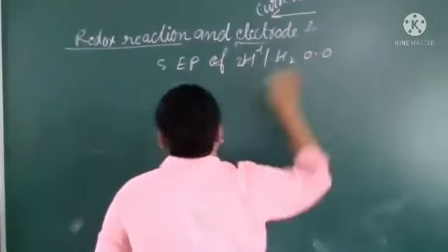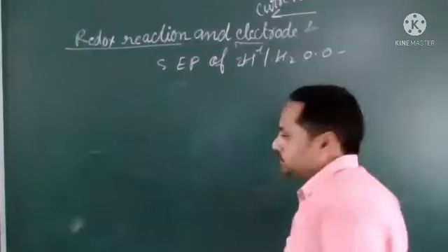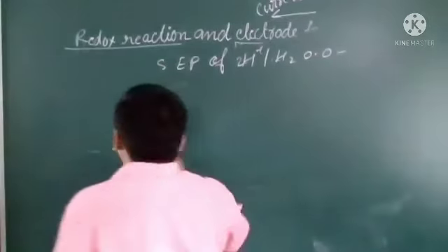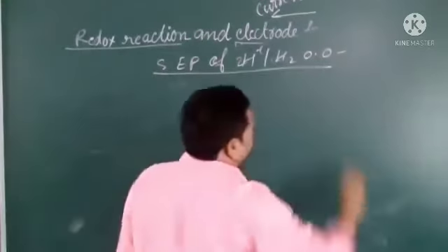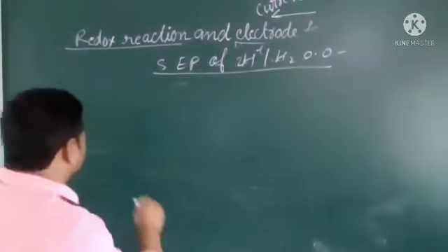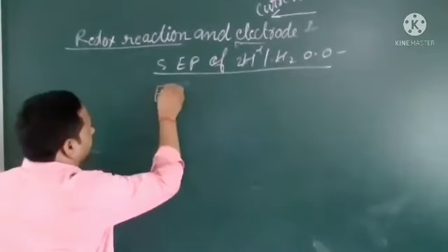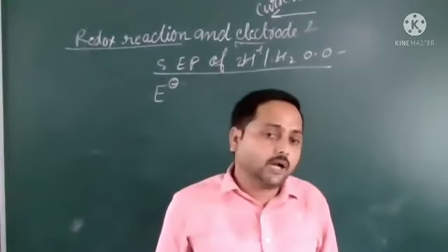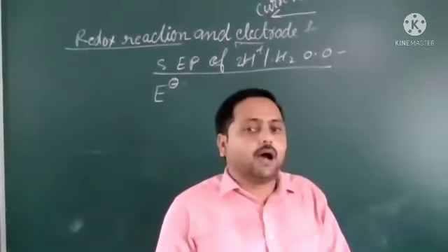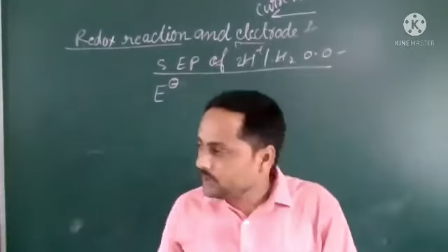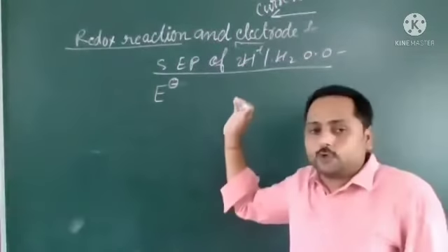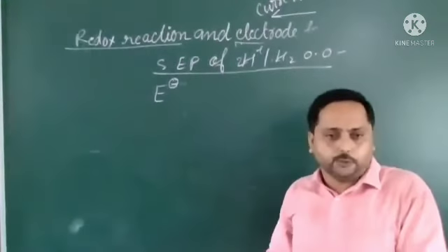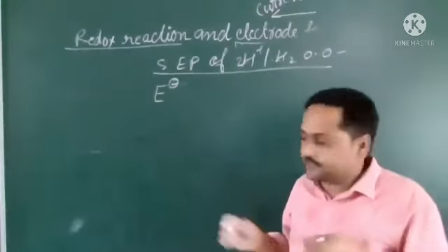The standard electrode potential is represented by E naught, and the standard electrode potential of hydrogen is 0. The electrode potentials of different electrodes are given. Then what is it used for? Let us discuss.